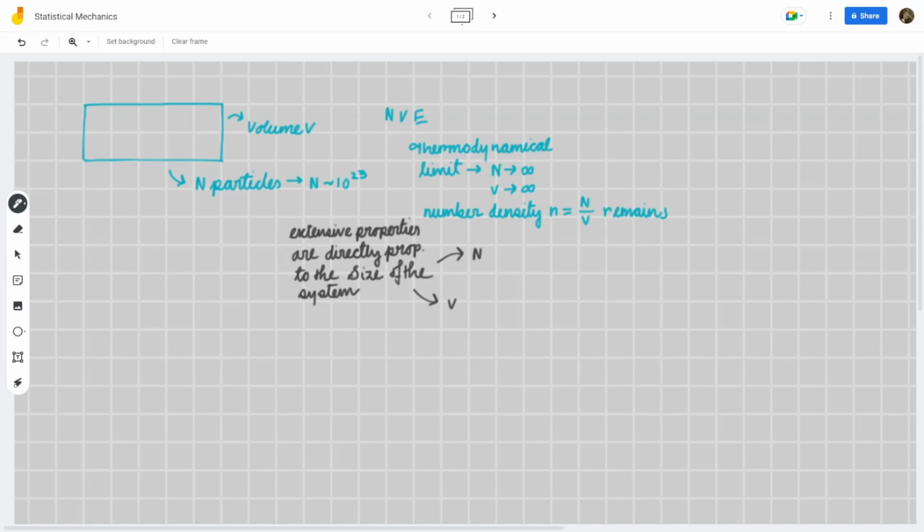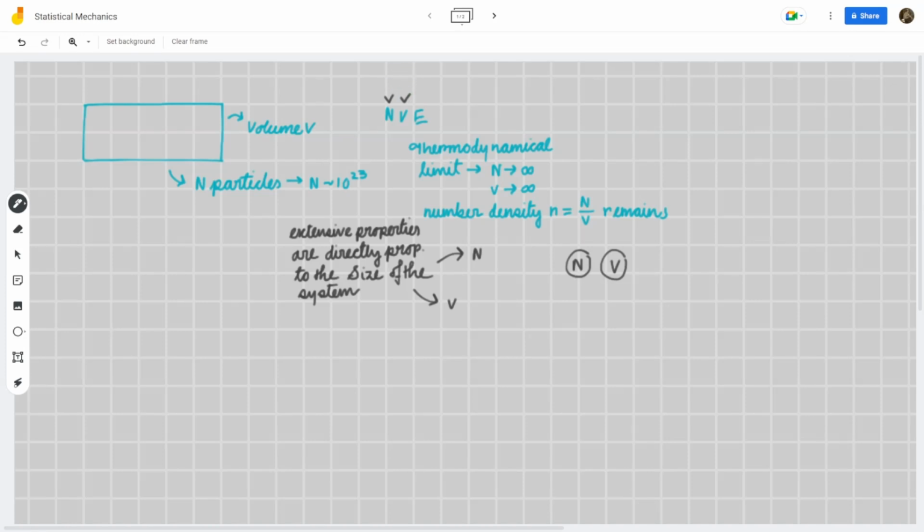Thus, we can say that the state in which the system is at this very moment depends on N and V. So, from here, N and V's dependency has been explained.